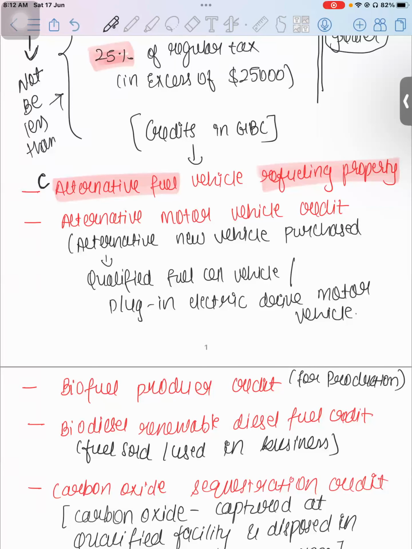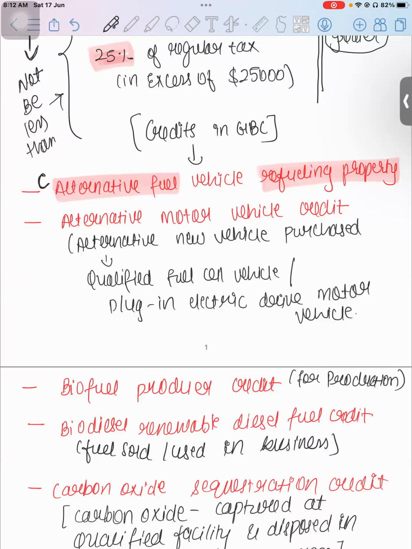Just remember one thing, if you come across any of this kind of vehicle, what happens is, whenever you start preparing the tax return, if in that particular tax year the client has purchased any asset, any vehicle specifically, you will just take the model number and year, and search it on Google to see which type of vehicle it is.